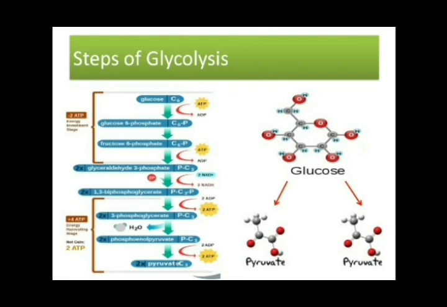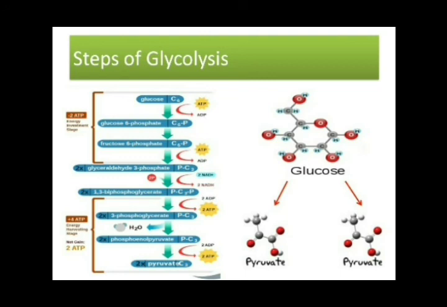Further, 1,3-bisphosphoglycerate is formed, and ATP is again formed here. 3-phosphoglycerate is formed, then removal of water occurs and 2 molecules of phosphoenolpyruvate are formed, and last, 2 pyruvate molecules with 3 carbon atoms are formed.